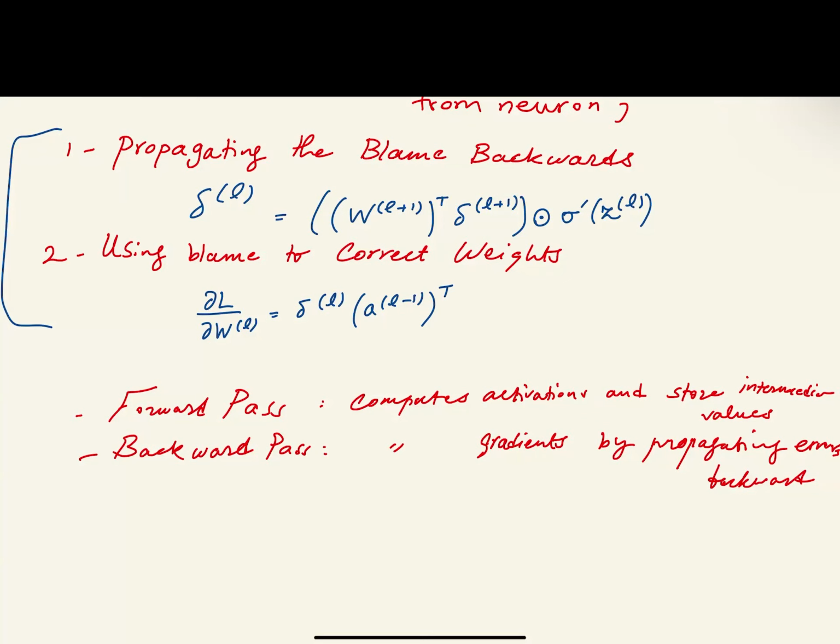The error signal delta L basically summarizes how much each neuron contributes to the overall loss, and the complexity of the whole process is O of n. If you remember, n is the number of parameters of the neural network, so it scales linearly with the number of parameters.